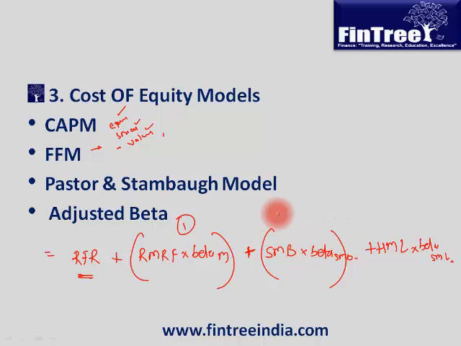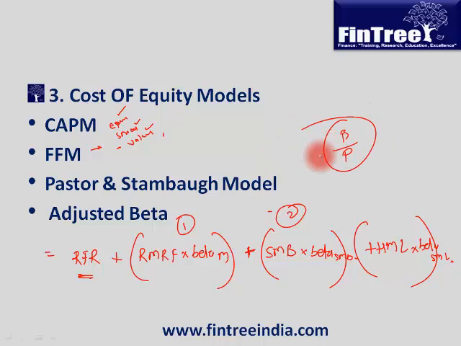This was the second factor. And the third one was high minus low, return on high book to price, the inverse of price to book ratio, high book to price value portfolios minus low book to price value portfolios, into the beta of HML, respective betas.